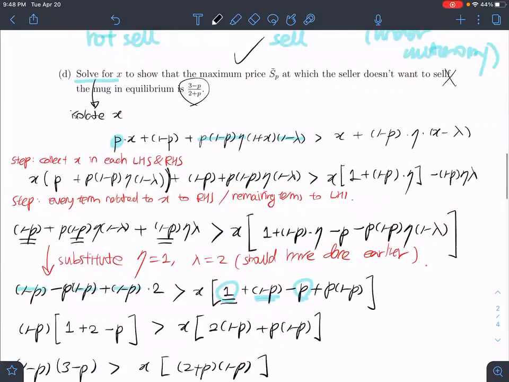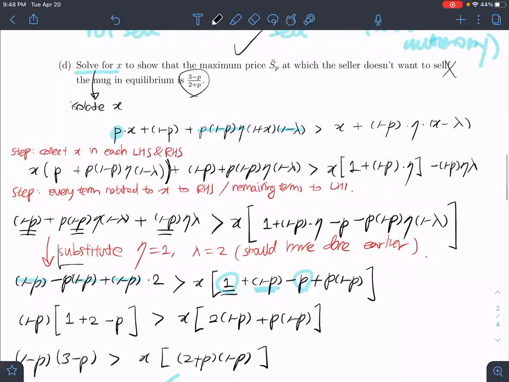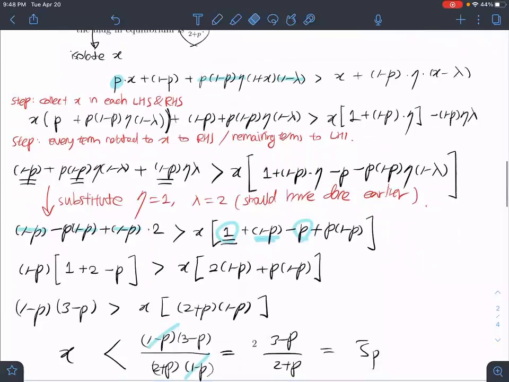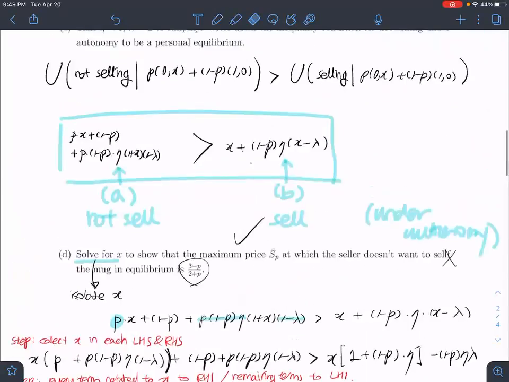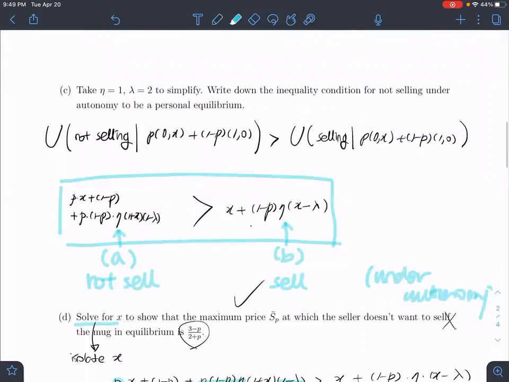Yeah. I'm sorry for making this too much difficult. It shouldn't be. We should have substituted eta and lambda, as Jose said. I'm sorry for this mistake. So let me be clear here, the correct answer. I was wrong. I mean, not very wrong, but I should have put eta equals 1, lambda equals 2 here.